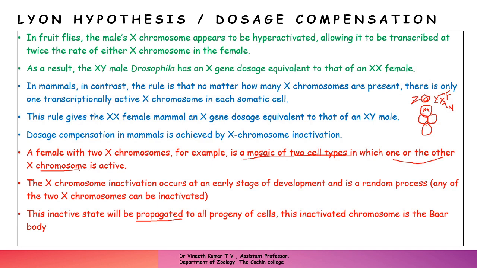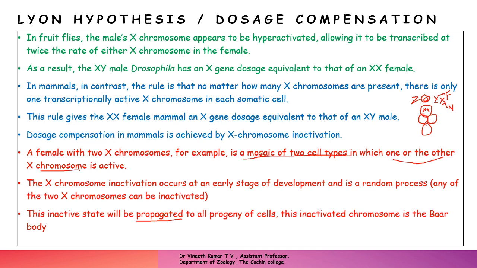In this four cell stage, the question is, which X chromosome should be inactivated? Should it be the father's or the mother's? What decides whether the father's or the mother's is inactivated, or whether all the mother's or all the father's X chromosomes are inactivated?